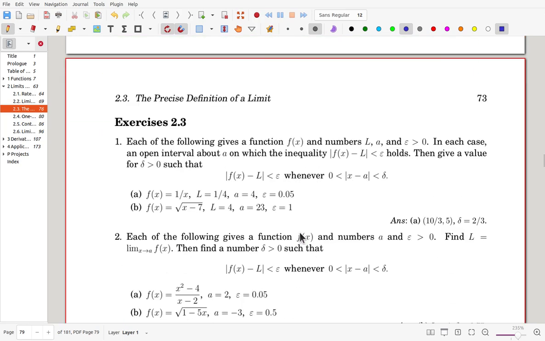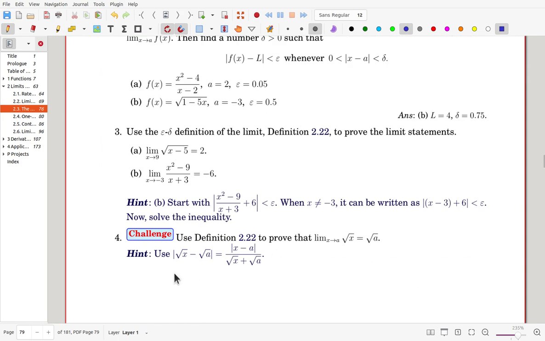Now, from the exercise, we have here one challenge problem. We want to prove here that the limit as x approaches a of square root of x is square root of a.